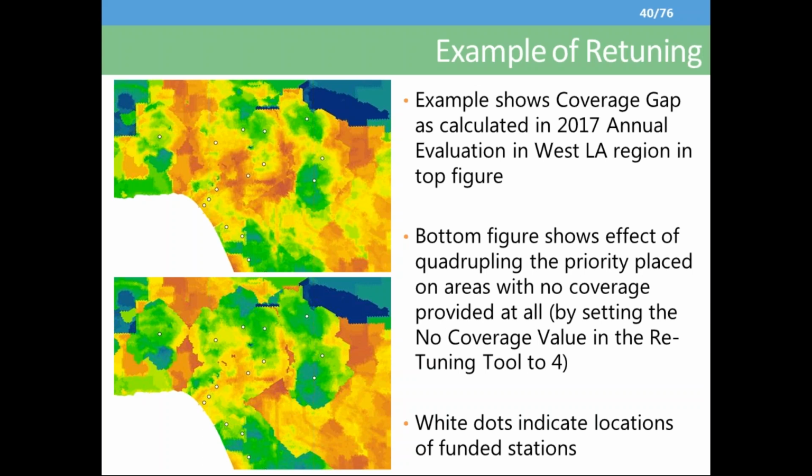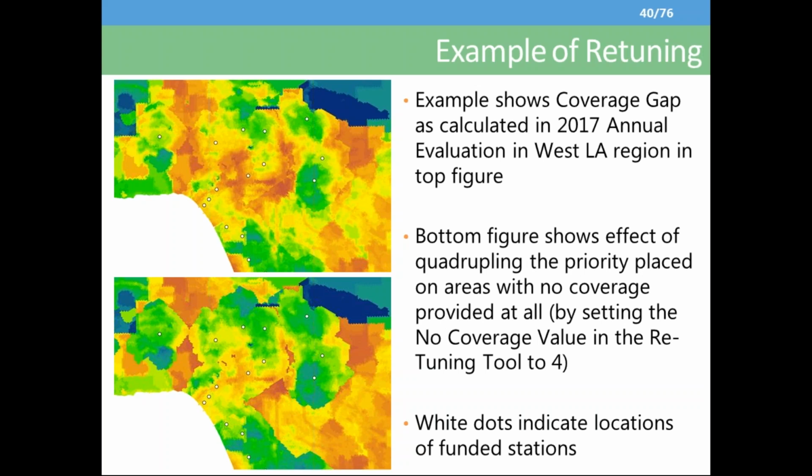Bright red is very high desirability for a new station. All the white dots are the locations of existing stations. And you can see areas around some of the white dots where you can see the borders of the 15-minute coverage provided by those stations, outlined by some harder changes in the colors of the lines.